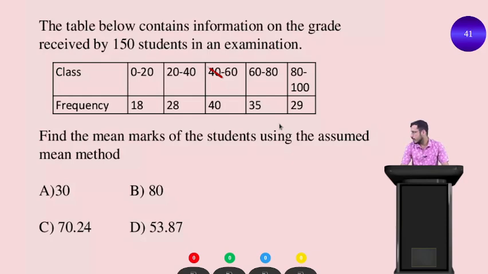So using the assumed mean method, first we find xi. Prepare a table with class interval, then frequency, then xi, the mid value: upper limit plus lower limit divided by 2.